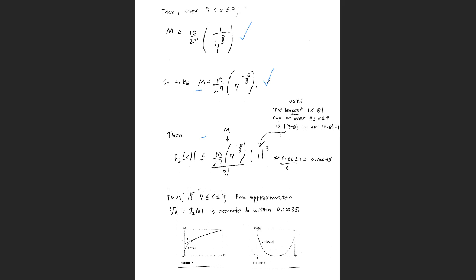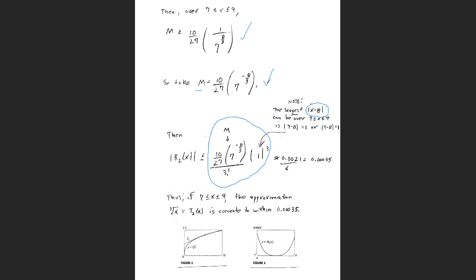Okay, so here's the error bound right here. I've put in the M in the numerator. I have 3 factorial in the denominator. And now remember we had the absolute value of x minus 8 to the 3rd power.